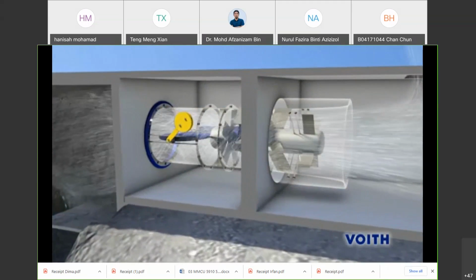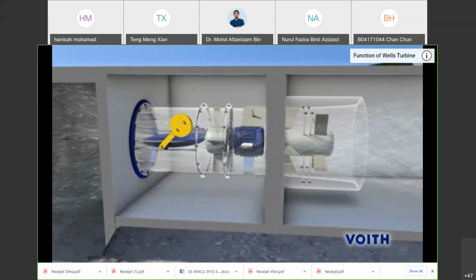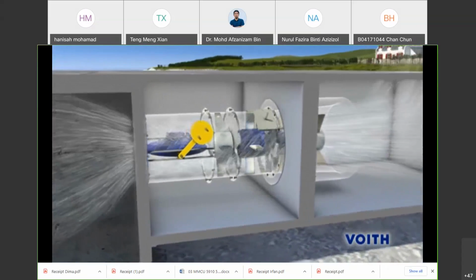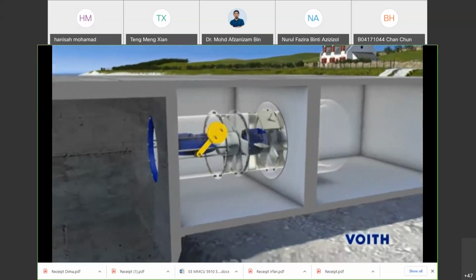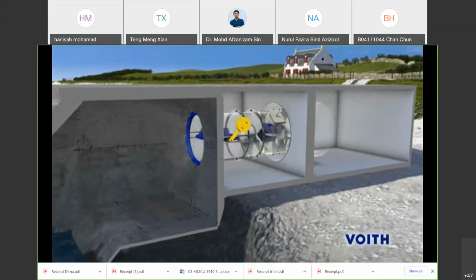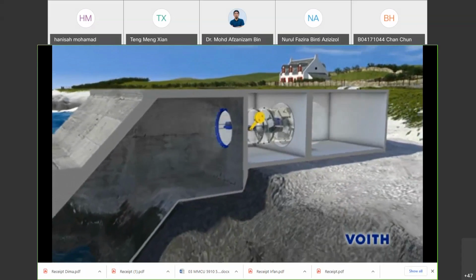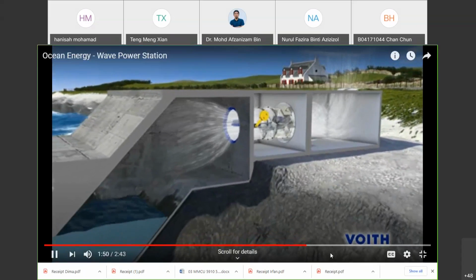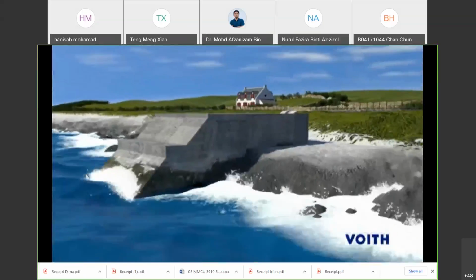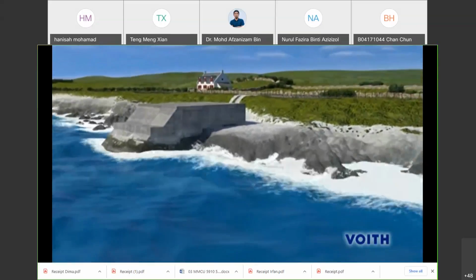It is a feature of the Wells turbine, named after its inventor, that it is driven in the same direction by both forward and reverse airflow through the turbine. Even relatively low wave motions can generate enough airflow to keep the turbine moving and to generate energy. This is how easily energy can be generated with a wave power station, day and night, all year round, as long as there are waves.